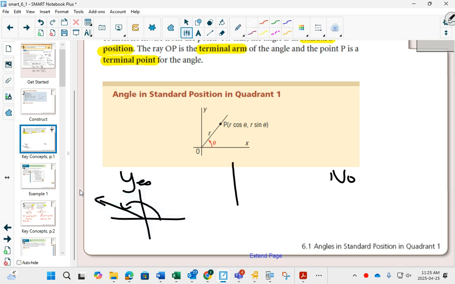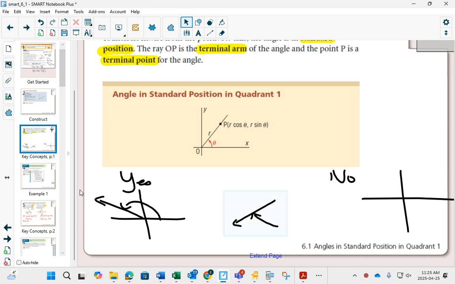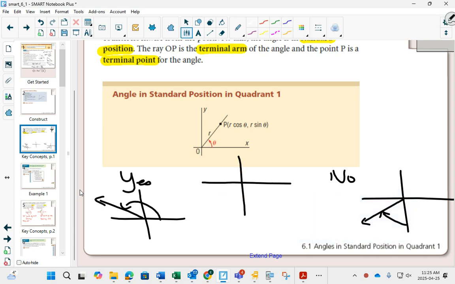Okay, I'll give you another one. How about this angle here? This one is no. Okay. Slide it over here. That's a no. How about right here?